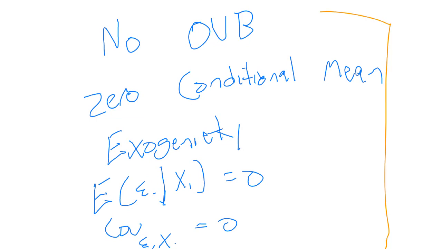So all of these things basically mean the same thing. So the only one that's not in this list in the question is endogeneity. So we know the answer to that one is B.